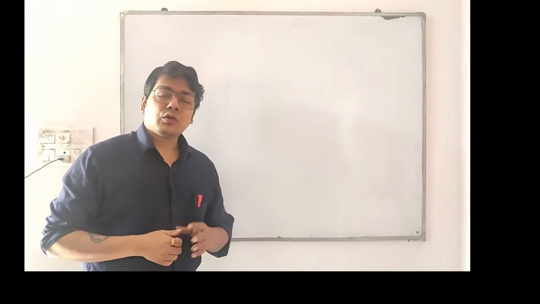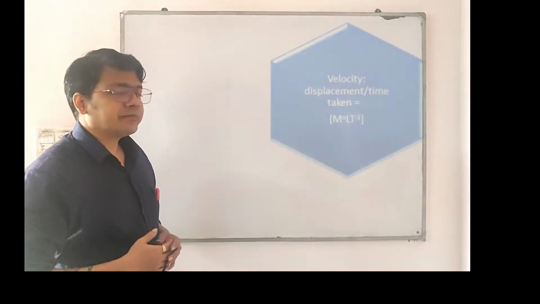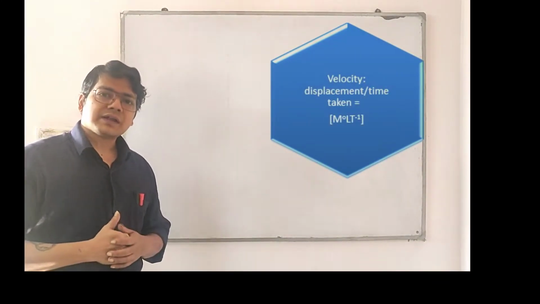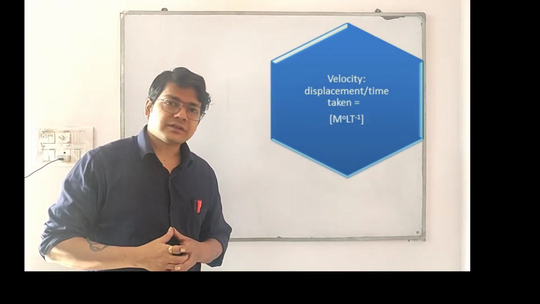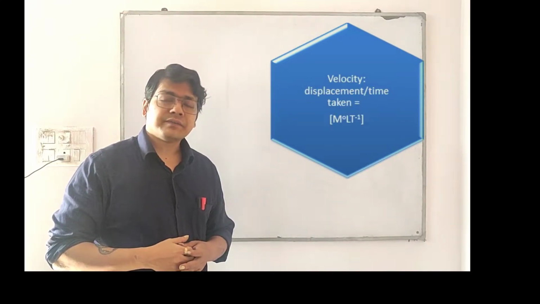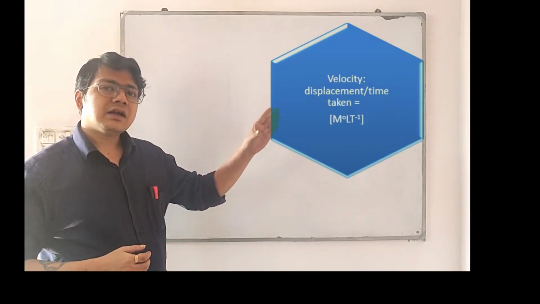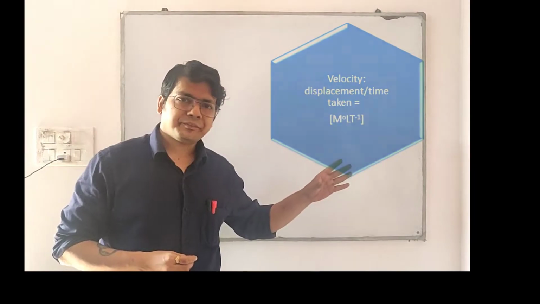Now let's look at a few examples. First, velocity. Velocity, as you know, is displacement by time taken. Displacement is a form of length and time is time. So the dimensions of velocity can be written as M^0 L T^-1, that is length by time.